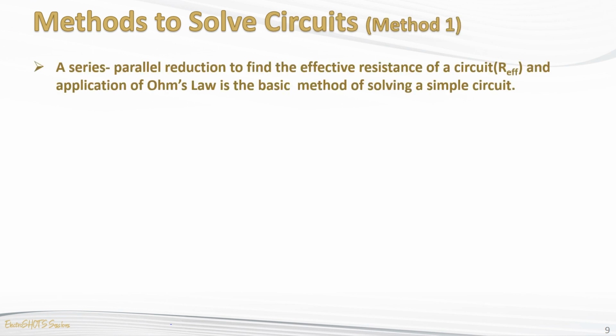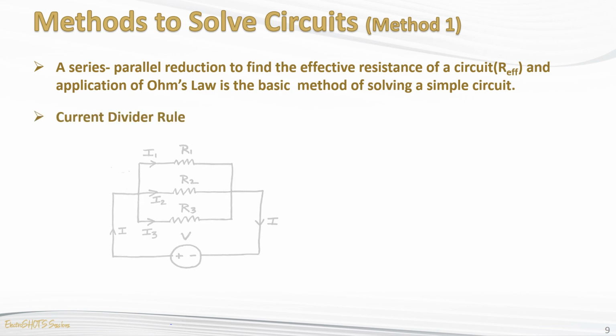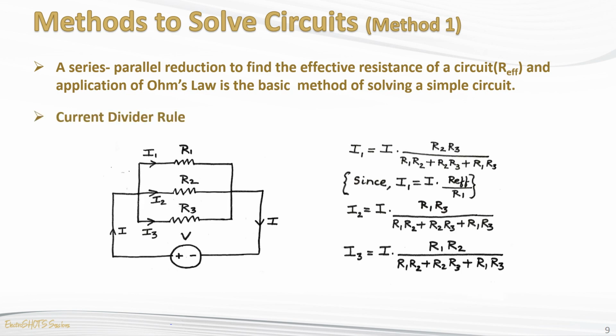As students of basic electricity, you already know about series-parallel reduction of resistances in a circuit, and you also know the application of Ohm's law to any basic circuit. From here on, we will see that these two basic laws are applied to any kind of network solution.